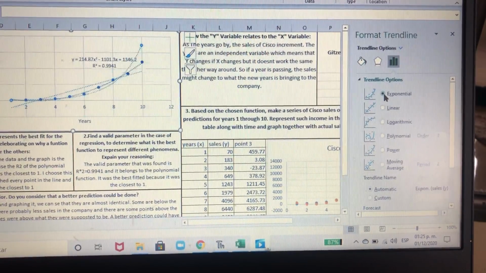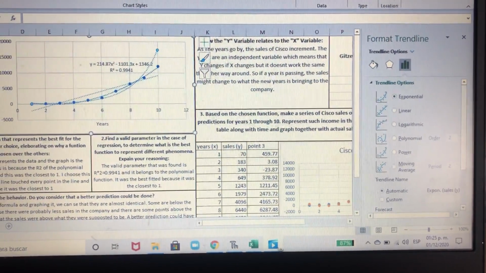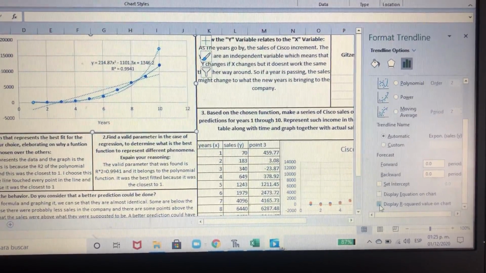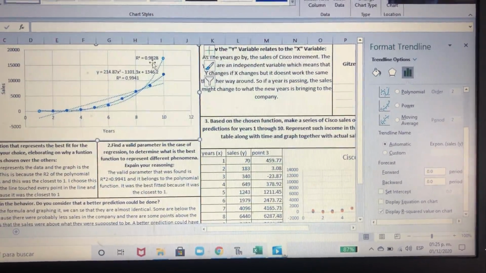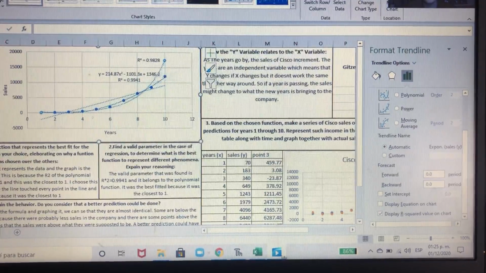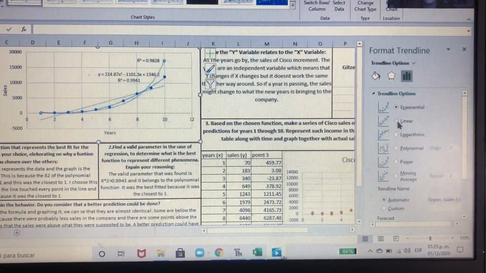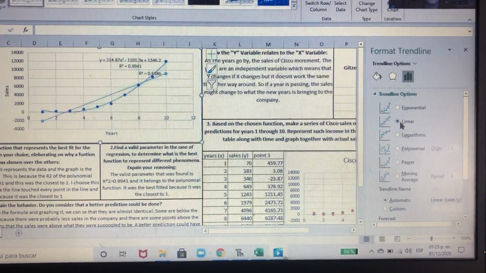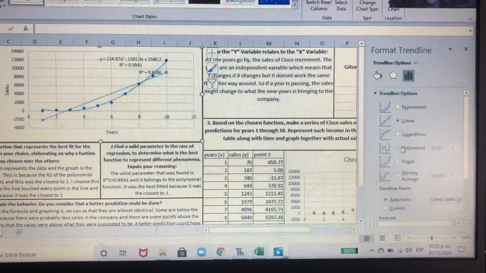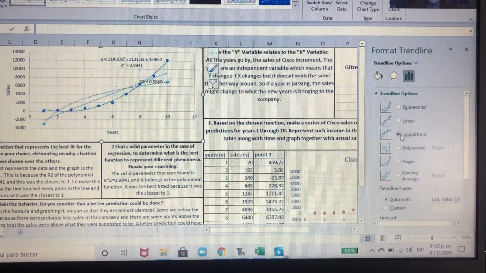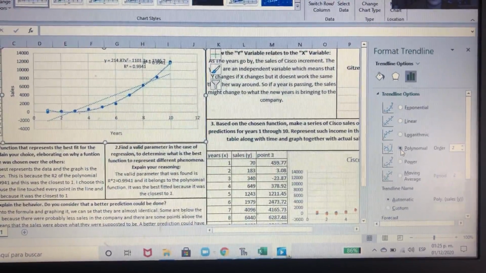I tried each one. I tried this one, and I also put the R2, but it was giving me a 0.98, so it wasn't the closest one. I also tried linear, and it wasn't close either. The polynomial was the closest one.